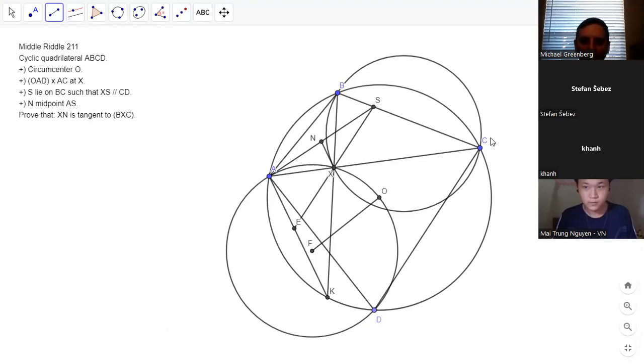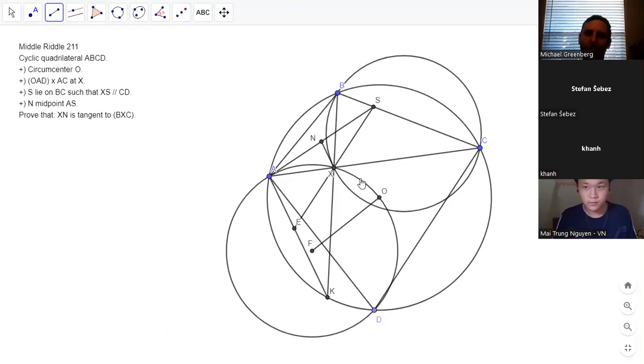Because we already have NS is equal to NA. So if we can show that, then that would show they're parallel. I will prove it later.